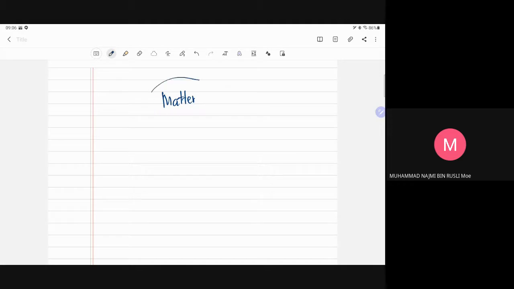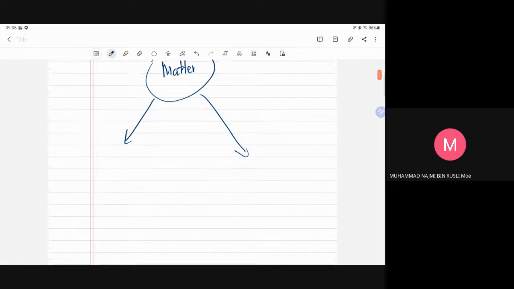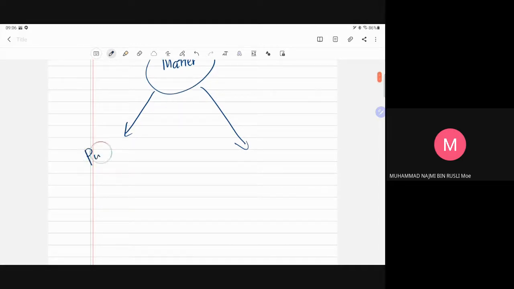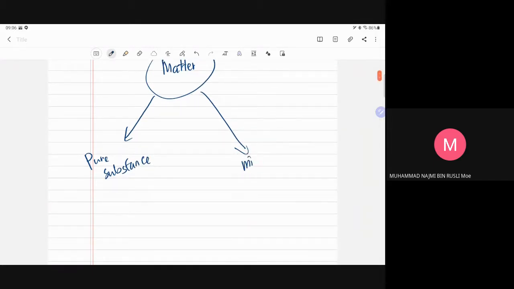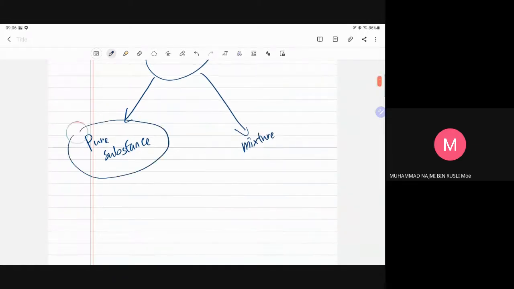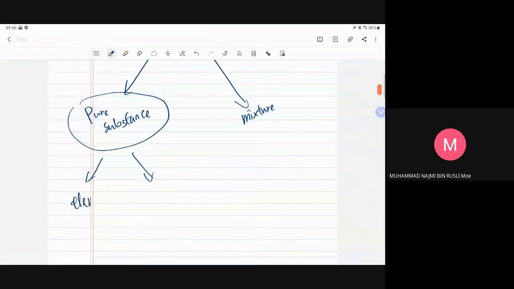Okay, so matter ni terbahagi kepada dua. We can categorize them as pure substance, ataupun another category is called mixture. Pure substance are divided into two types. They are elements or compounds.